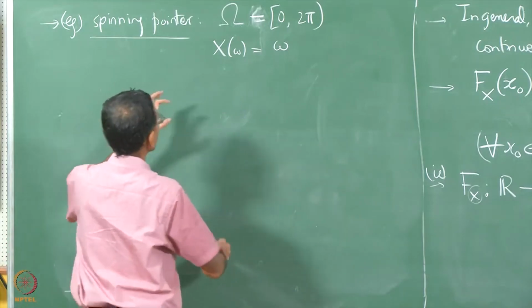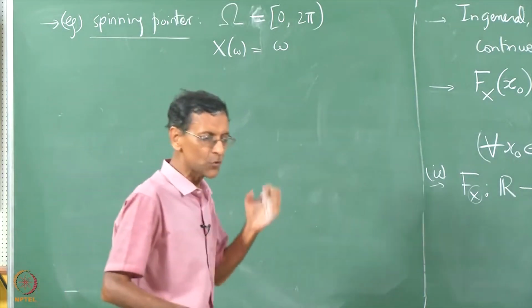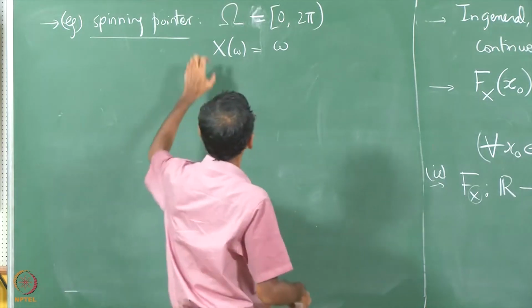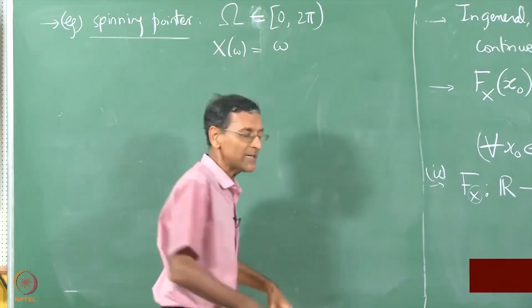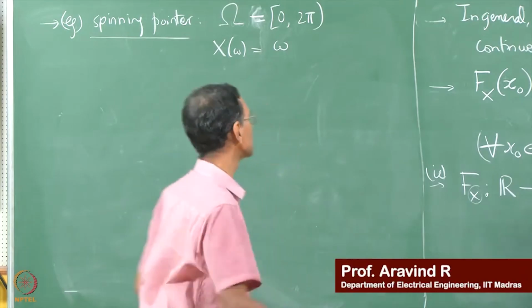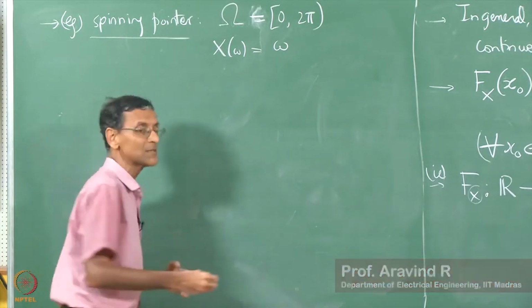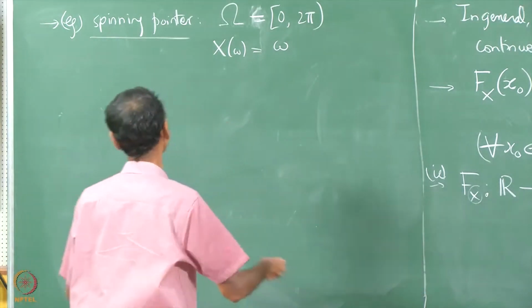So okay, now, before we proceed further to calculate the CDF of this X, we need to put a probability measure on omega. So how are we going to do it? Again, it turns out that the simplest probability measure is the so called uniform probability measure.